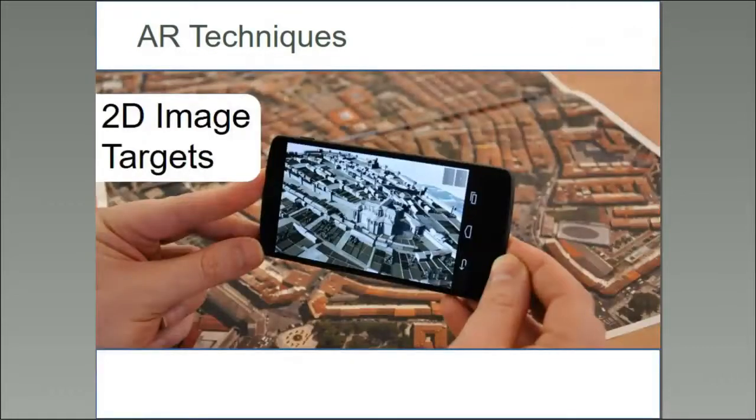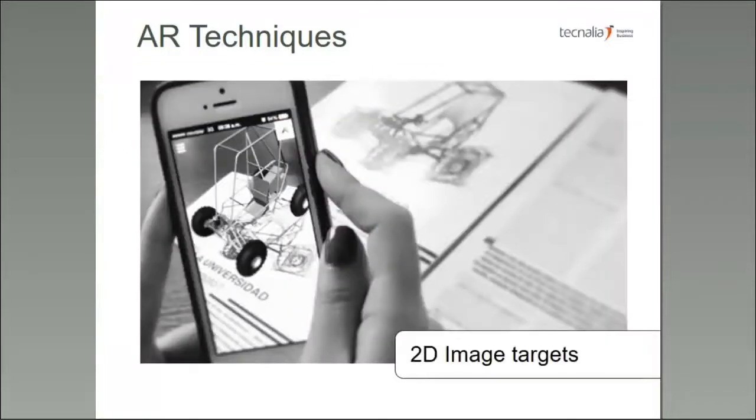So we can use, for example, 2D image targets, and we can use real images to act as AR markers. We can use these markers, for example, in cultural heritage, like in this example, or we can use them to add information to a paper-based manual.